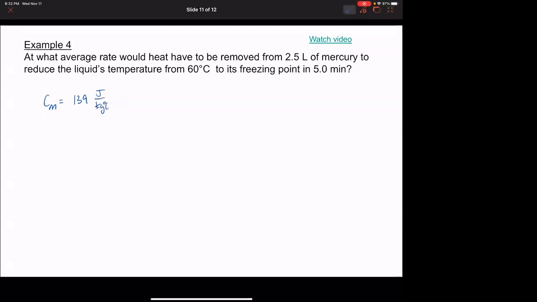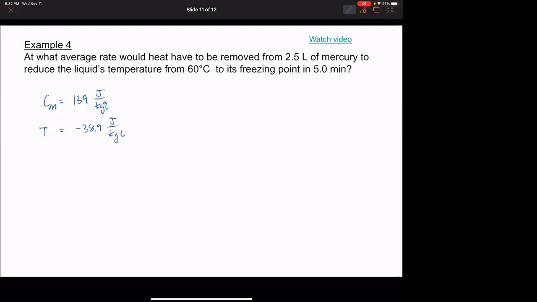That's in the book too, on a different page. Mercury, negative 38.9. So the final temperature is negative 38.9.